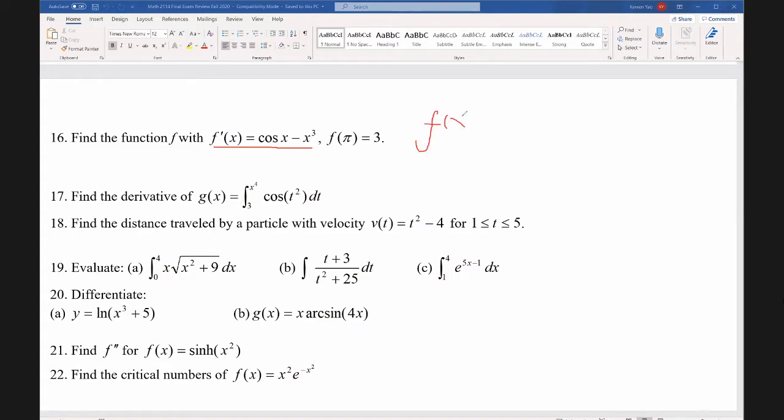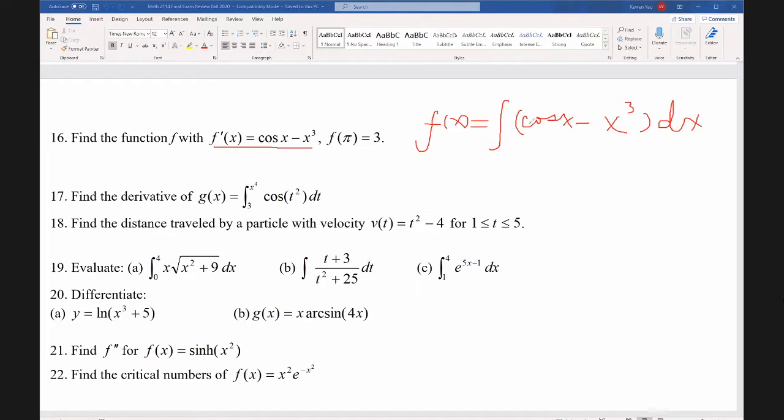So f of x is equal to the antiderivative. Because you know the derivative, you want to find f of x, so you got to find the antiderivative of cosine x minus x cubed dx.